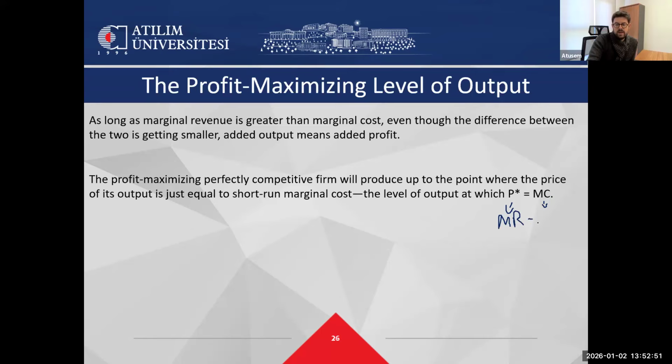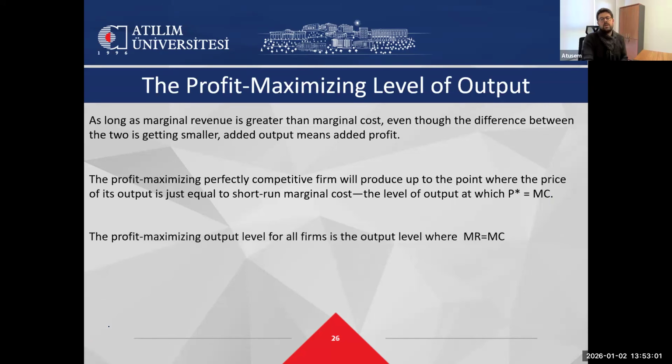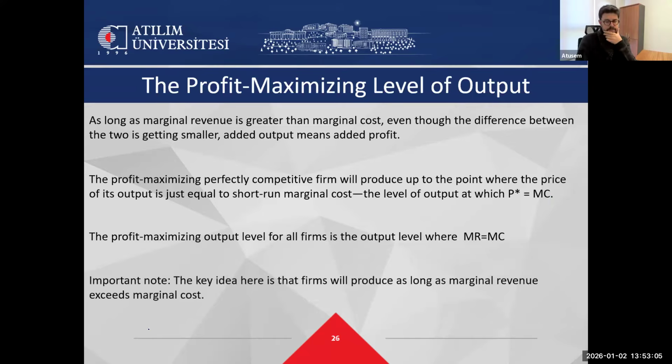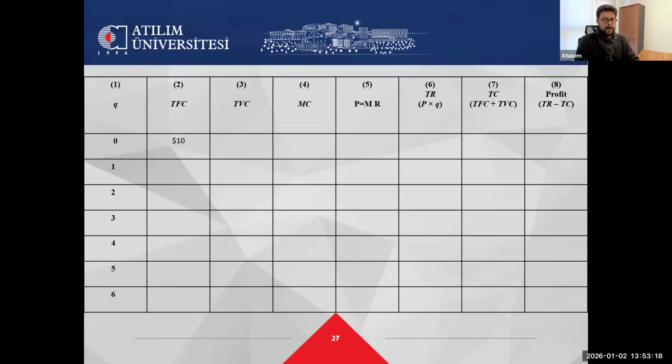So marginal revenue equal to marginal cost gives the profit maximizing level. These are the same, because price equals marginal revenue. So the key idea here: a firm will produce as long as marginal revenue exceeds marginal cost. Okay, let's do an example.